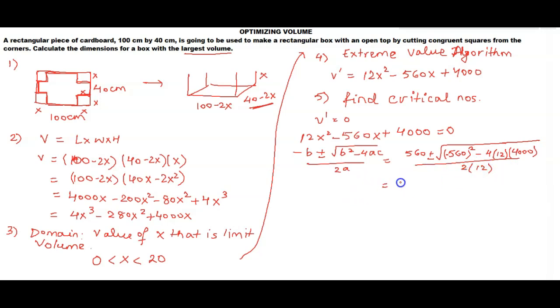So from here I'll be left with 560 plus minus, and when I find this all under the square root, you can put this on the calculator and you'll see that you get 192,000 over 24.